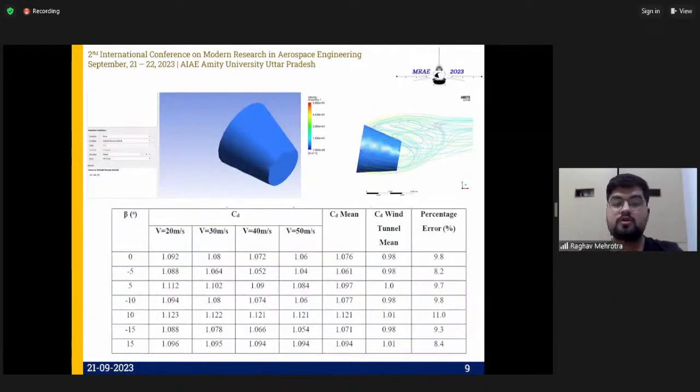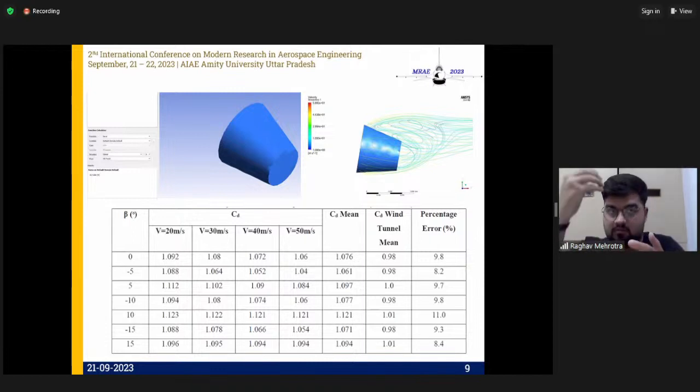Now you can see that this is the forebody which we have analyzed, only the forebody, at different side slip angles: 0, -5, 5, -10, 10, -15, 15. Everyone might be thinking, what is the difference between -5 and +5? Here it will show that the flow around the body will not be the same at -5 or +5.